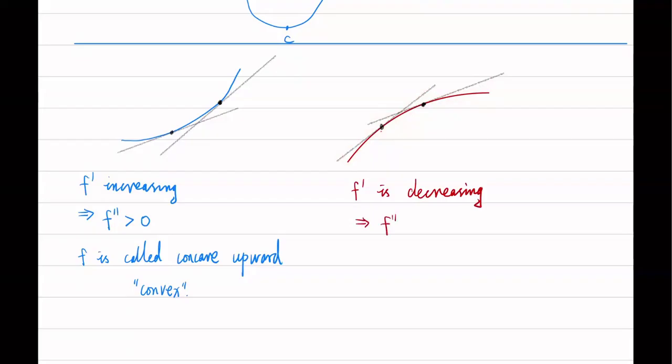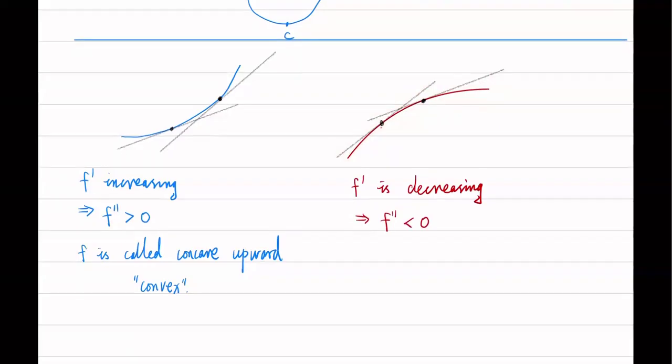The derivative is decreasing. What can I say about the second derivative? It's negative. Sometimes we can put an equal sign. I will add an equal sign here.